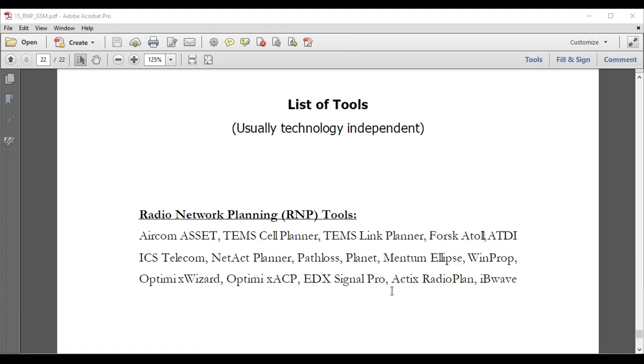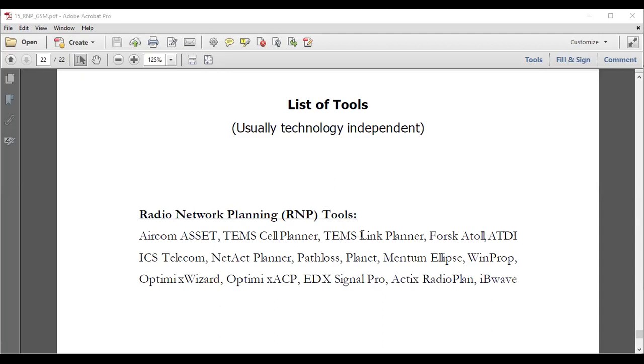The first term in the tool name usually represents the vendor, not always, but sometimes. Like Thames was primarily built by Ericsson, but later they sold it to somebody, I don't remember. Thames was the most popular one in the past.